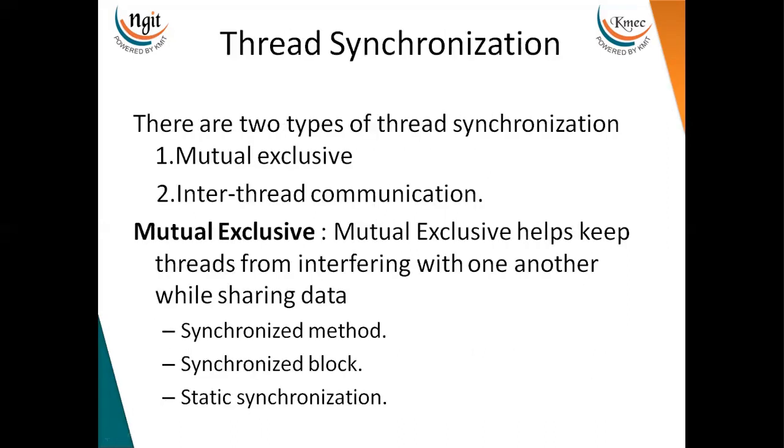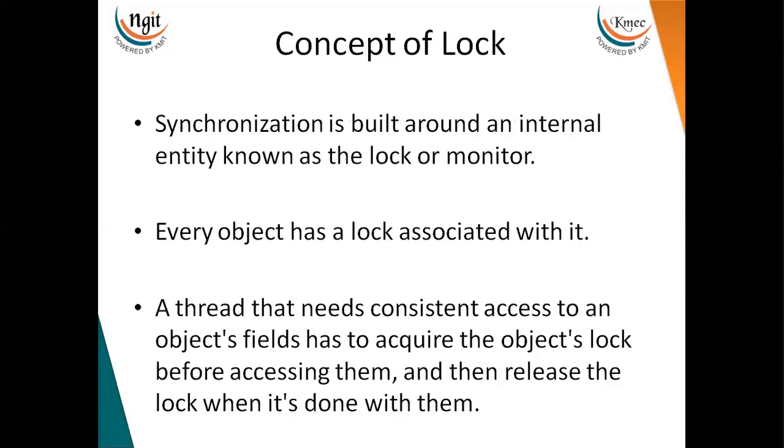First I will explain how synchronization happens within the operating system. Basically, synchronization is built around an internal entity known as a lock, or you can say a monitor. Whenever a particular resource is used by some thread, we apply the lock on that particular object. Whenever the thread releases its resource, only then do we unlock that resource so that the other thread can access it.